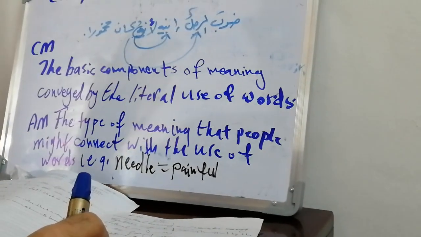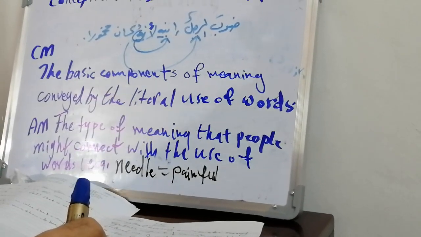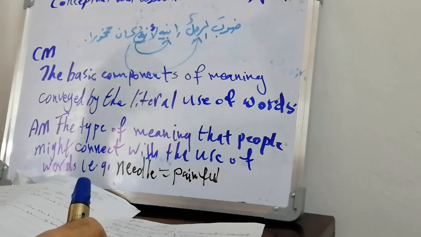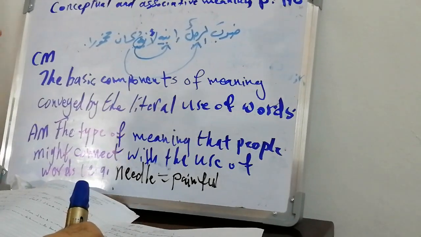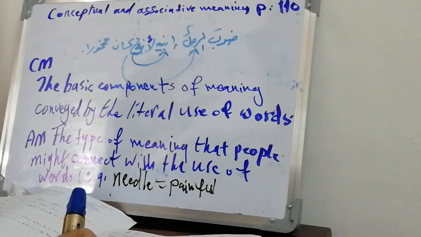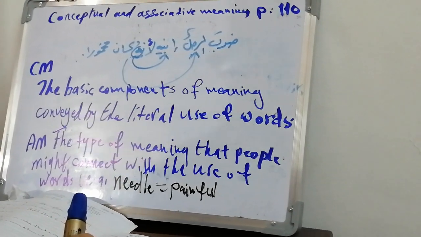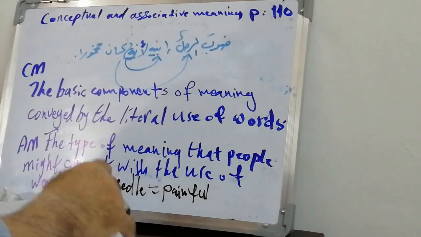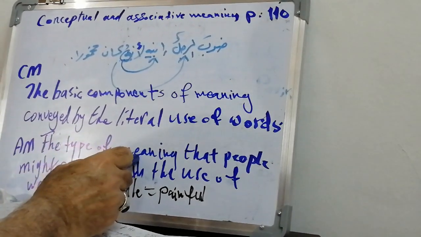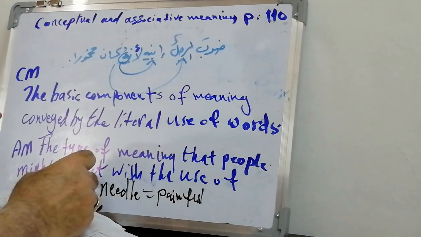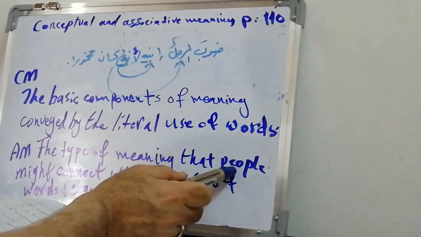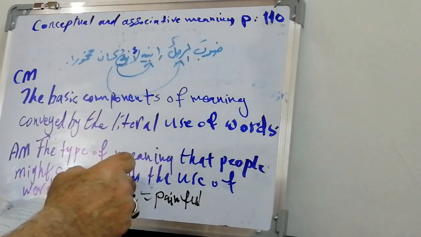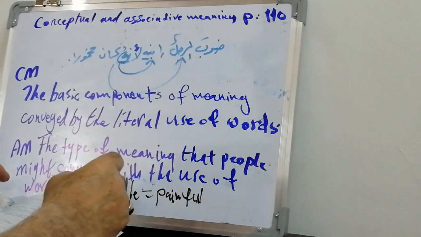Now, what do we mean by associative meaning? يعني المعنى الذي تقرن معه things that are not in the literal meaning. And what does this mean? Here, let me take the definition. It is the type of meaning that people might connect with the use of a word.